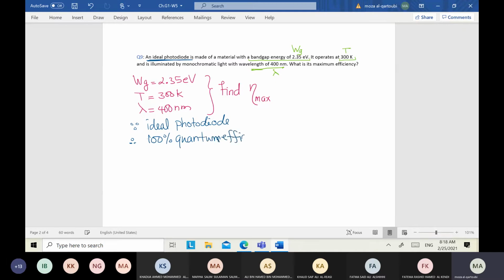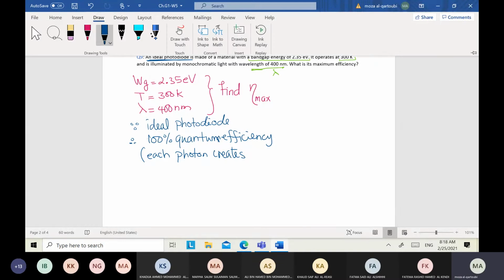What does this note mean? That means each photon or light creates or releases one exciton.